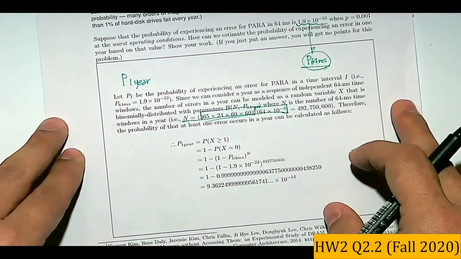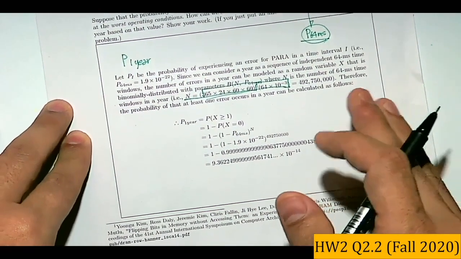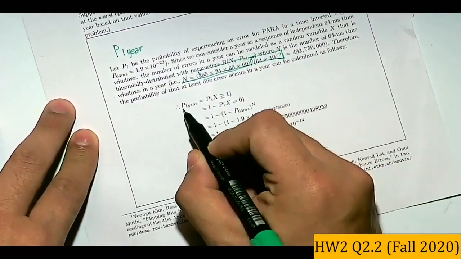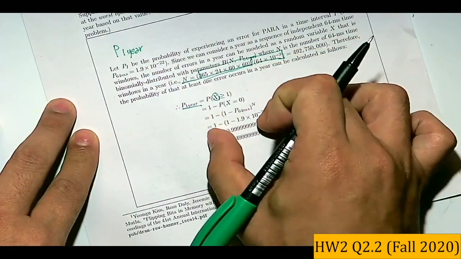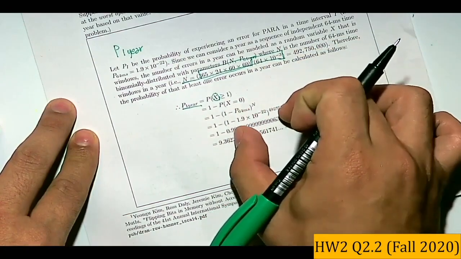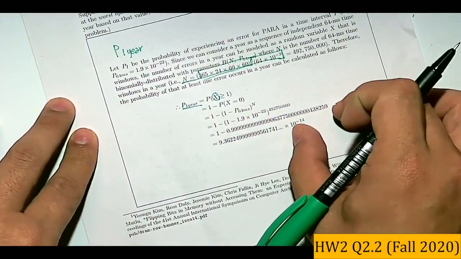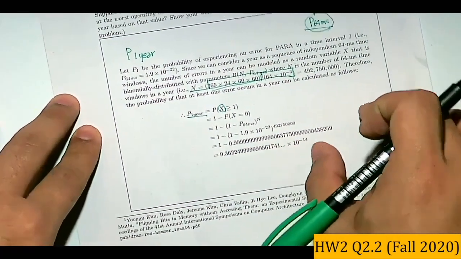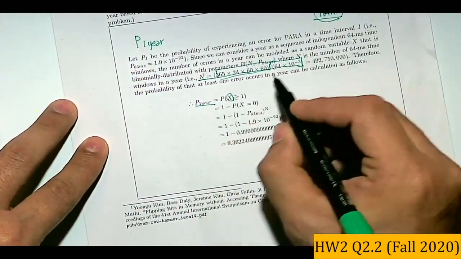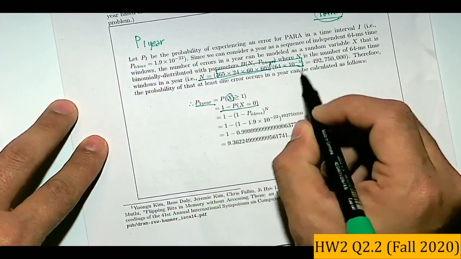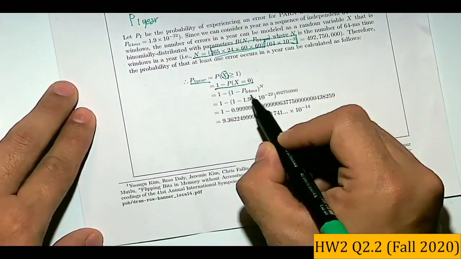And therefore, the probability that at least one error occurs in a year can be calculated: the probability of the variable x being larger than or equal to 1. And because x is a discrete value, we can simply know it is like this.